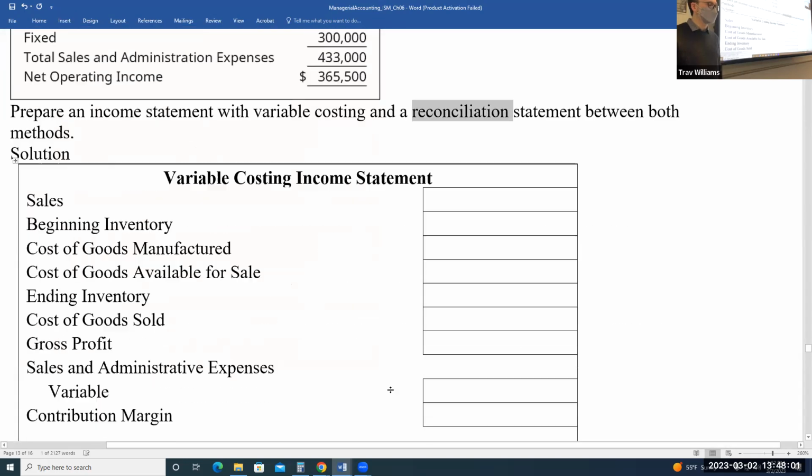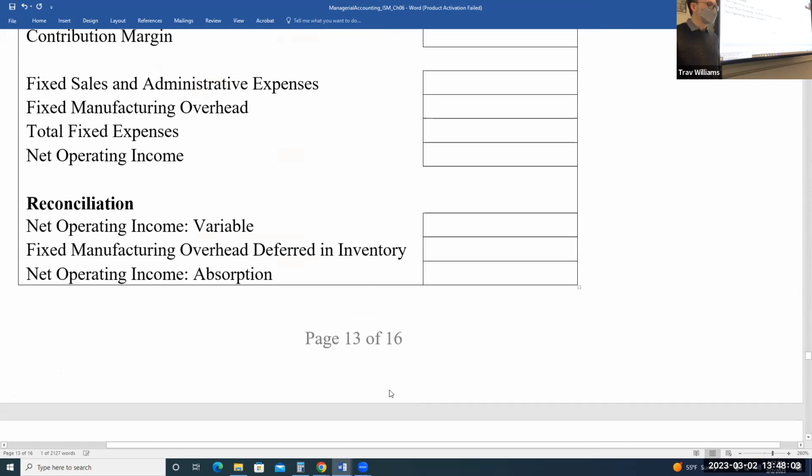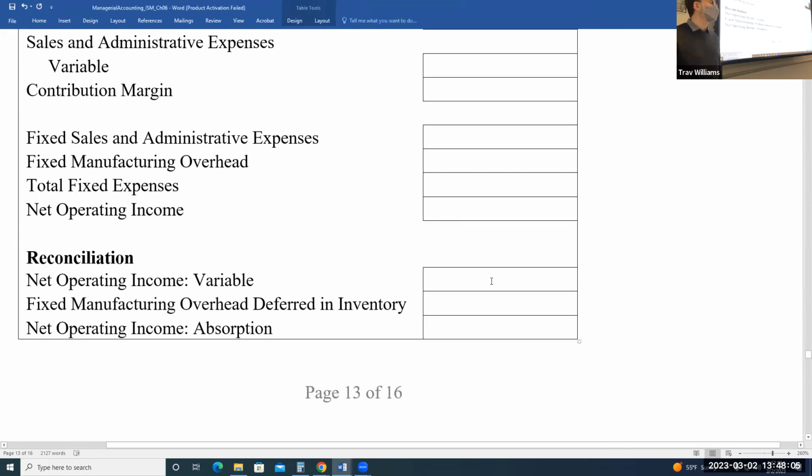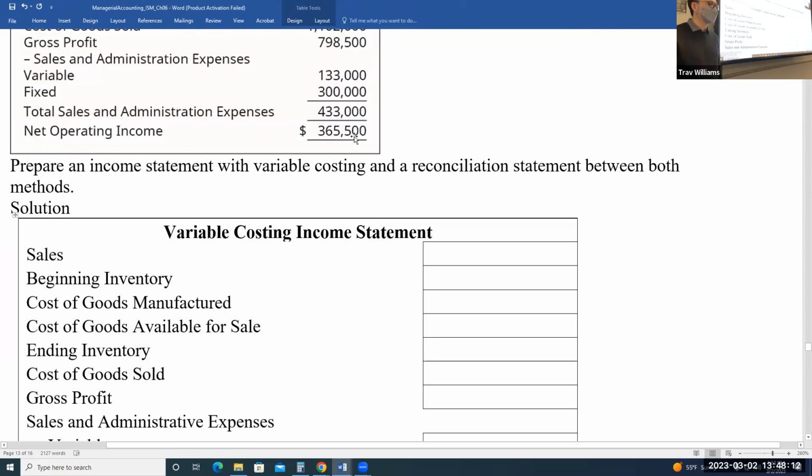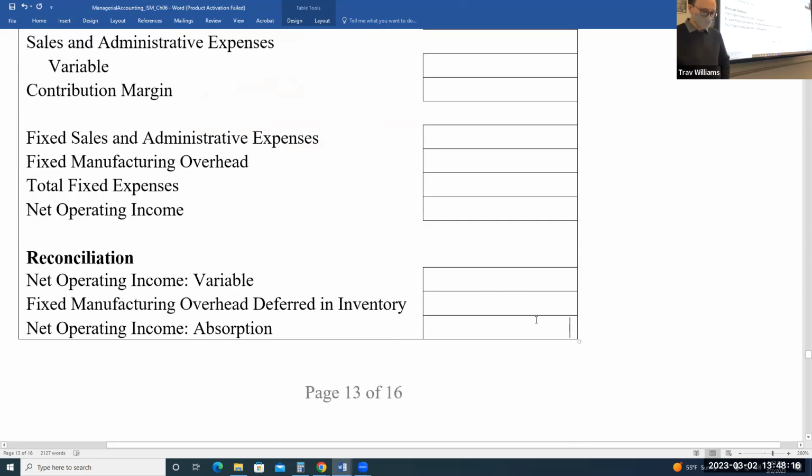And the reconciliation is really simple. All we're going to do is put the net income from variable, the net income from absorption, which actually we already have. It's 365,500 was the net income from the absorption income statement. And then we're just going to compare the two.